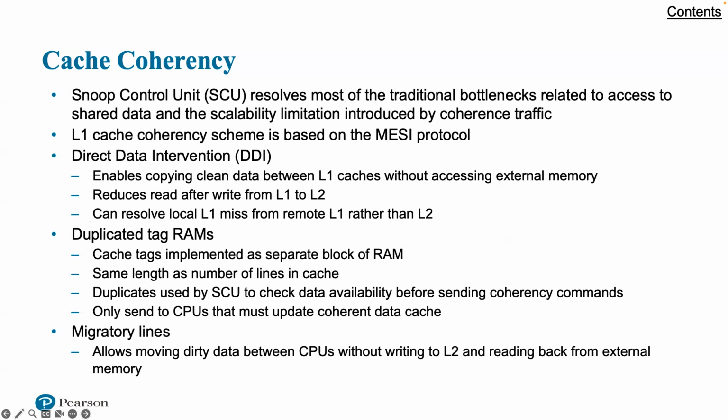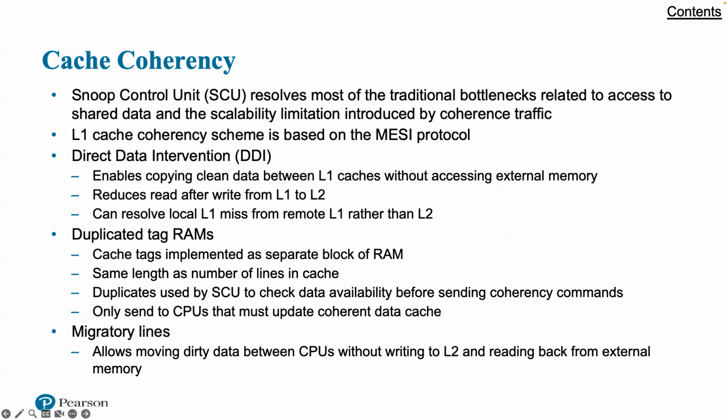Recall that the main memory location of each line within a cache is defined by a tag for that line. The tag can be implemented as a separate block of RAM of the same length as the number of lines in the cache. In the SCU, duplicated tag RAMs are duplicated versions of L1 tag RAMs used by the SCU to check the data availability before sending coherency commands to the relevant CPUs.